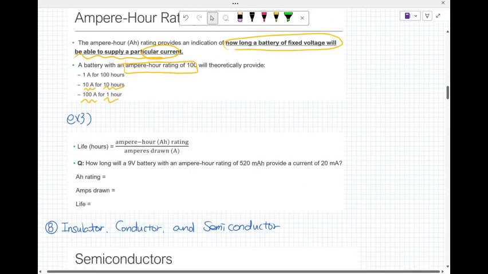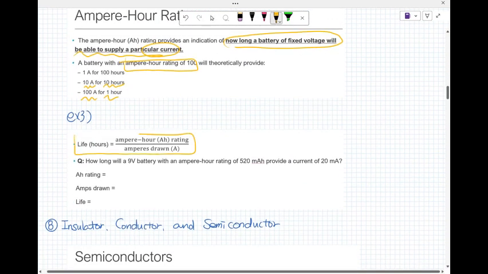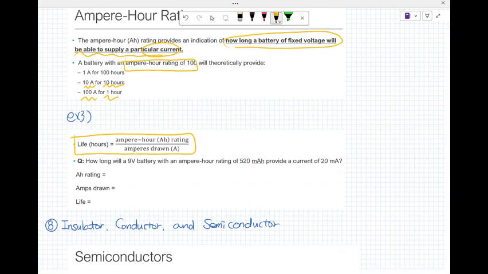And also that was the equation for the life of the battery: it is equal to ampere-hour rating divided by the ampere, okay? So for example, how long can a 9 volt battery with an ampere-hour rating of 520 mAh provide a current of 20 milliamps? So we want to find how long, meaning the life, okay?